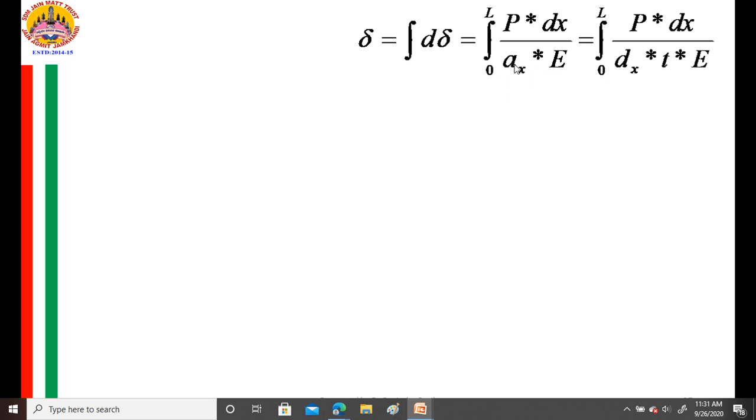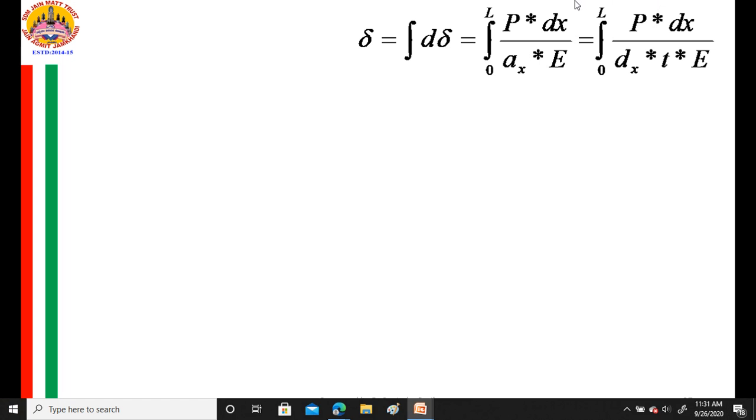Substitute the value of A subscript x. A subscript x is nothing but the small elemental part's depth d subscript x into thickness t.